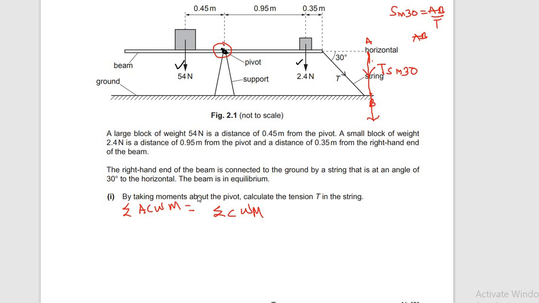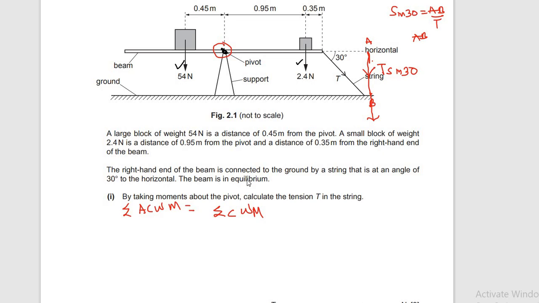Now, which ones are clockwise? Clockwise is the direction of the clock, anti-clockwise is the opposite direction.